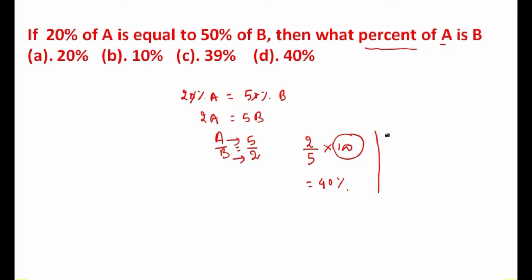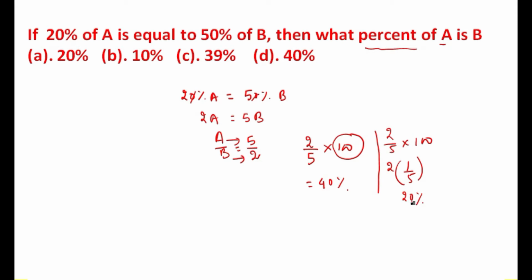See guys, what I told you. This is 2 by 5 into 100. I told you that don't touch this 100. And we know that this 1 by 5 is 20%.